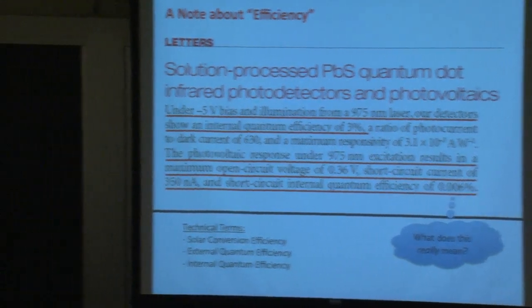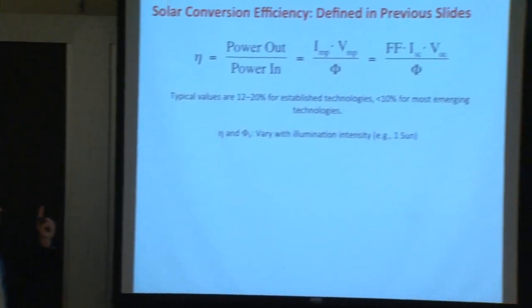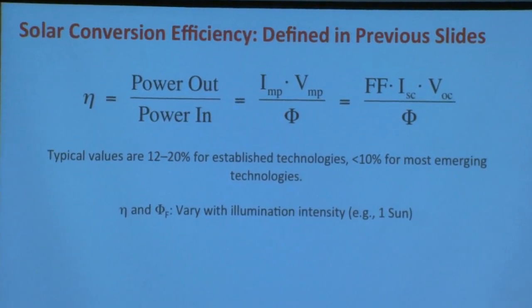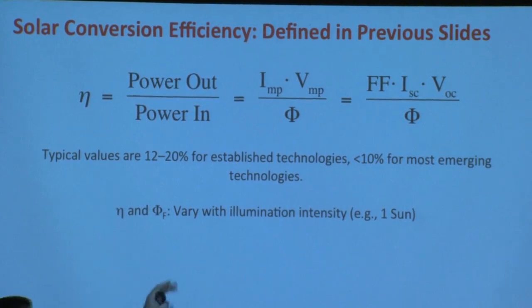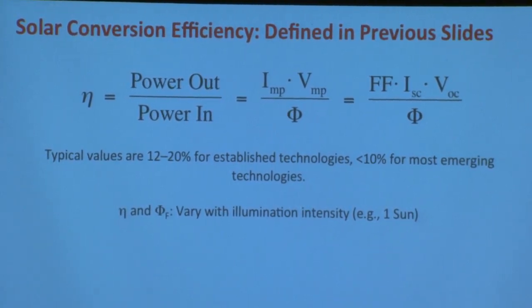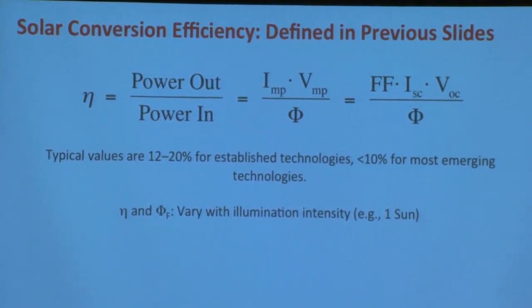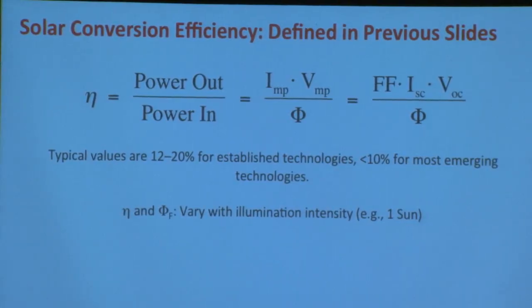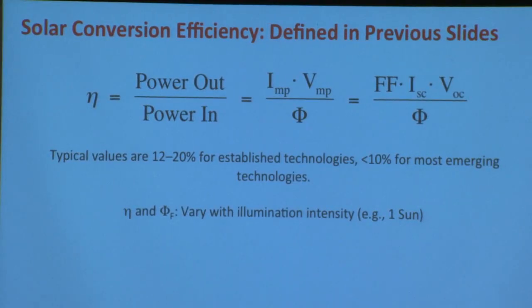Okay, so what does this really mean, this 0.006% short circuit internal quantum efficiency? Well, we defined our energy conversion efficiency, or solar conversion efficiency, as power out divided by power in. That was done in the previous lectures. The power out would be the current and voltage product at the maximum power point divided by the solar flux coming in. And that would be equivalent to the fill factor times the short circuit current times the open circuit voltage.